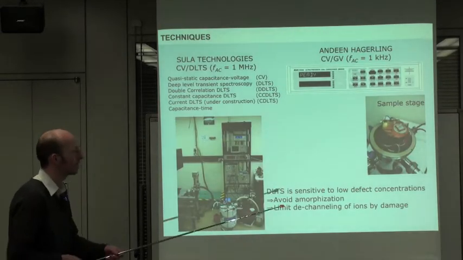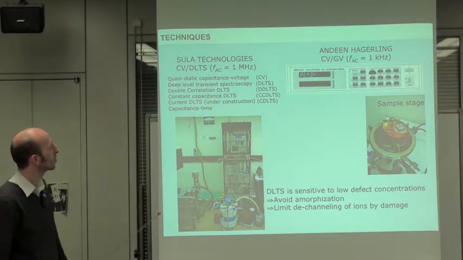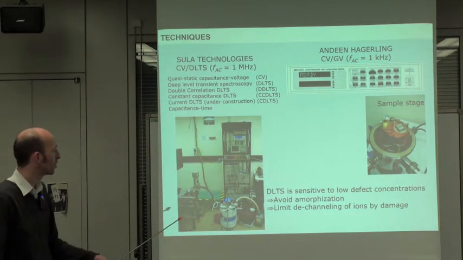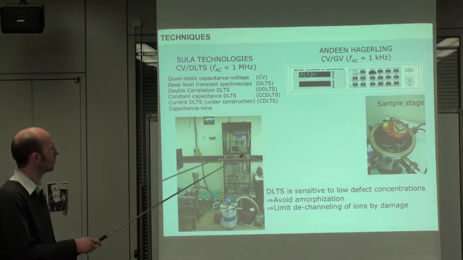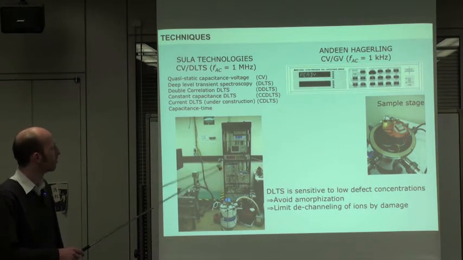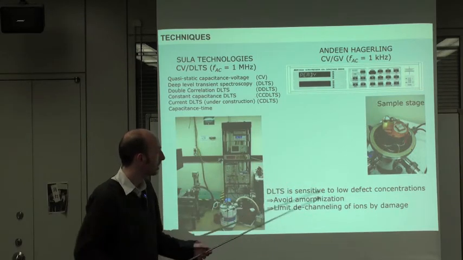To characterize these damage profiles, we use DLTS, deep level transient spectroscopy. We have 2 or 3 systems to do the measurements. DLTS works in a number of different modes. Here's our sample stage here.